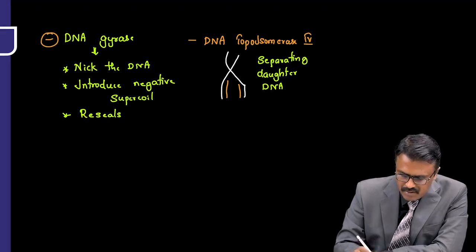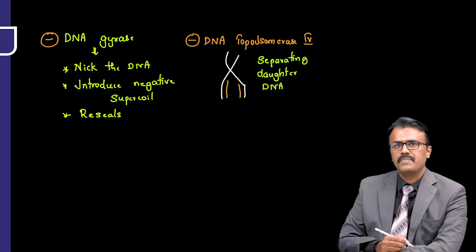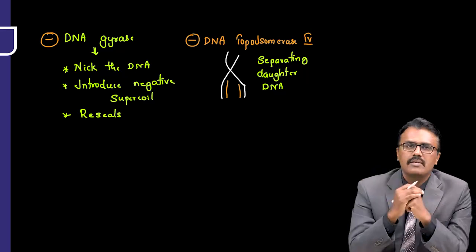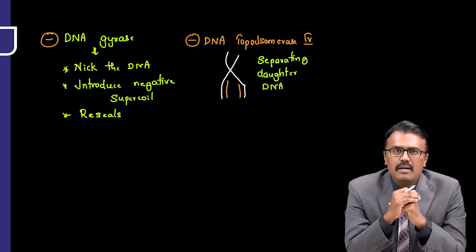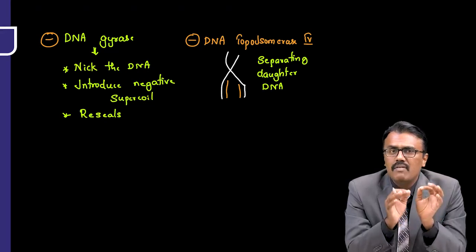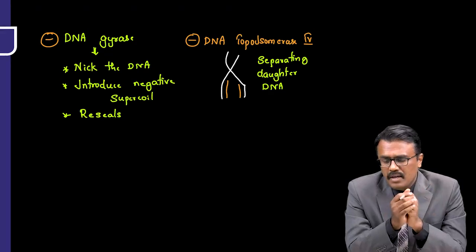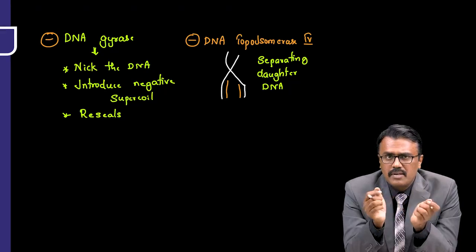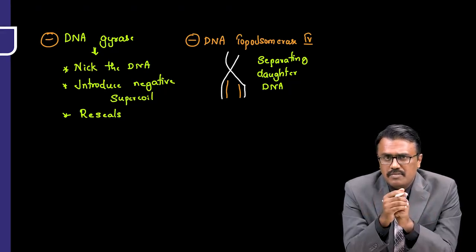When I inhibit DNA gyrase, the supercoil is not corrected. It will cause DNA damage, and when you damage the DNA, the cell will not survive, it will die. When you inhibit DNA topoisomerase 4, the daughter DNAs will not get separated. Again, the DNA will be damaged.